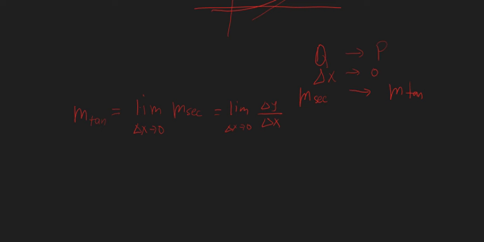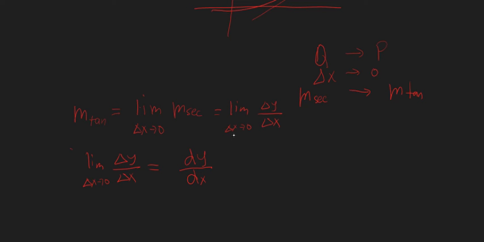This is the very, very concept of the derivative in calculus as a slope. And this limit of delta y over delta x, as delta x approaches 0, is what we call the derivative, the derivative of y with respect to x. So our notation will be dy dx, meaning the derivative of y with respect to x.